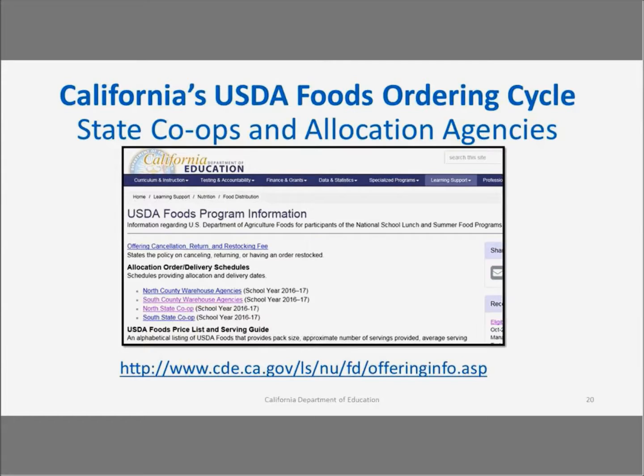This ensures we can start delivering food in July and August when our schools are gearing up for the new school year. This means one less thing for you to worry about when you come back from your summer break. Our state co-op and allocation agency ordering and delivery timelines are located on our FDP webpage. This is a screenshot and the link to those timelines.